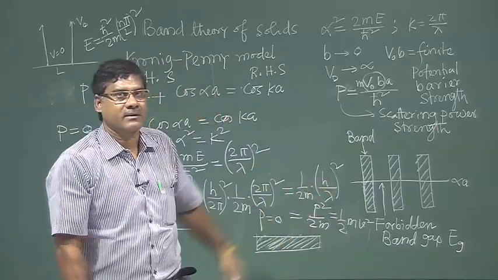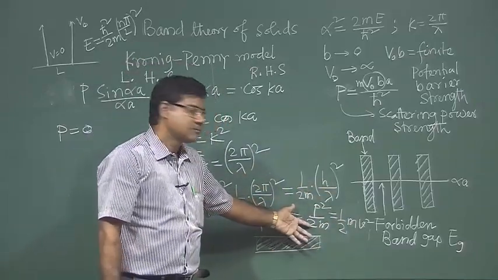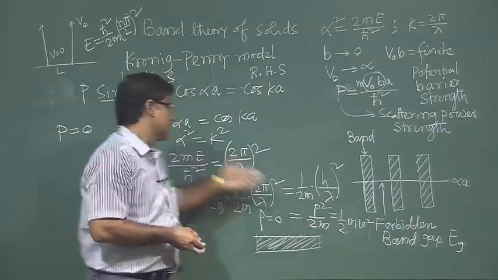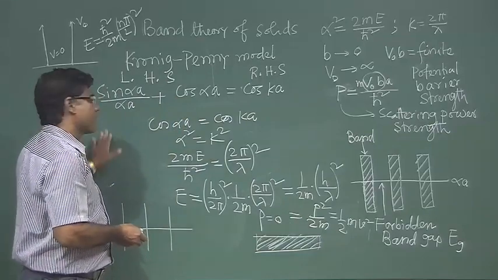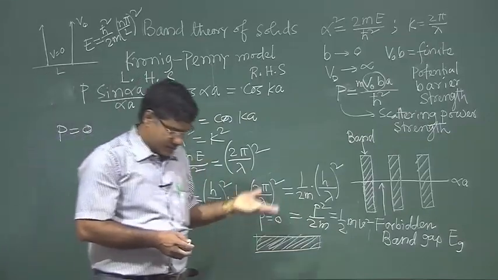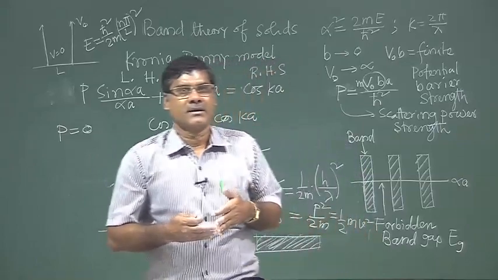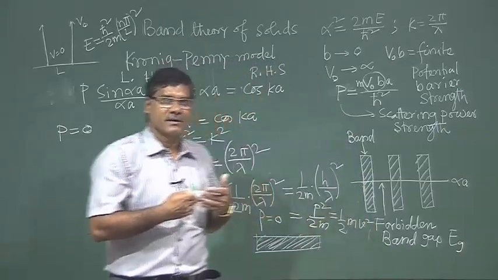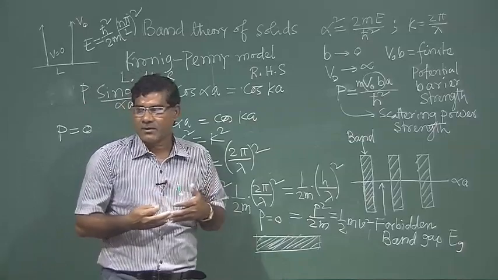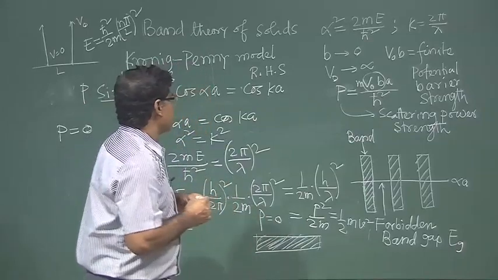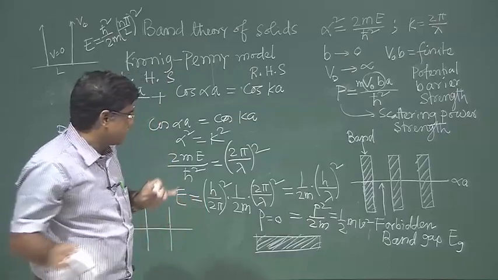That is the free electron. So this P is a very important parameter which tells whether the electron is free, loosely bound, or tightly bound.